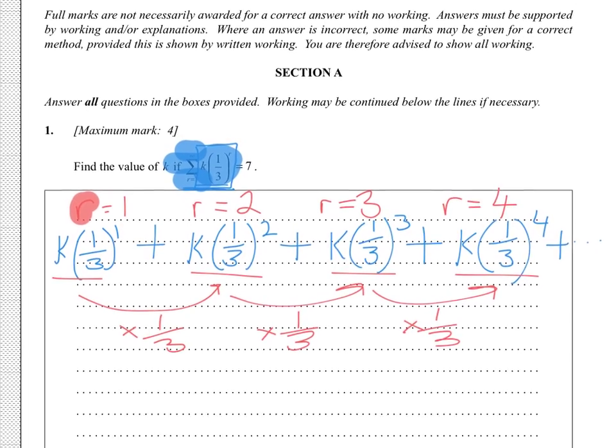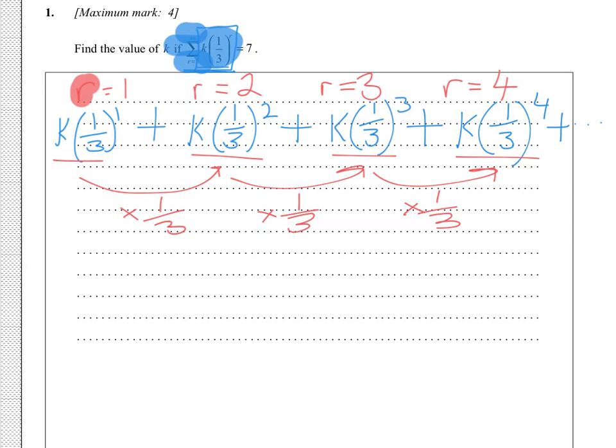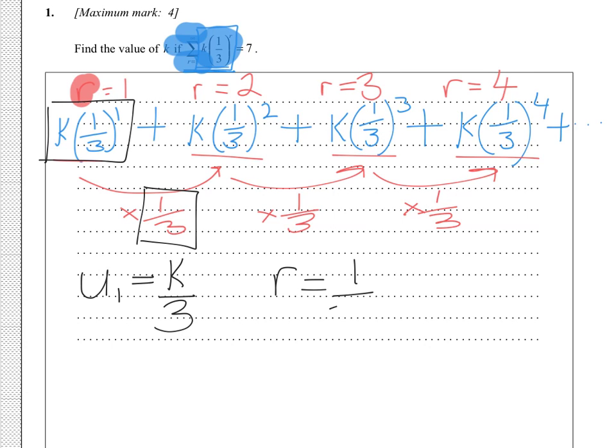Now, I don't necessarily think you need to write any of that down in order to answer the question. What is a good idea to write down is that the first term of this sequence, well, we've already identified the first term, is a third of k. And that the ratio in this sequence, well, again, we've already identified the ratio each time, is a third.